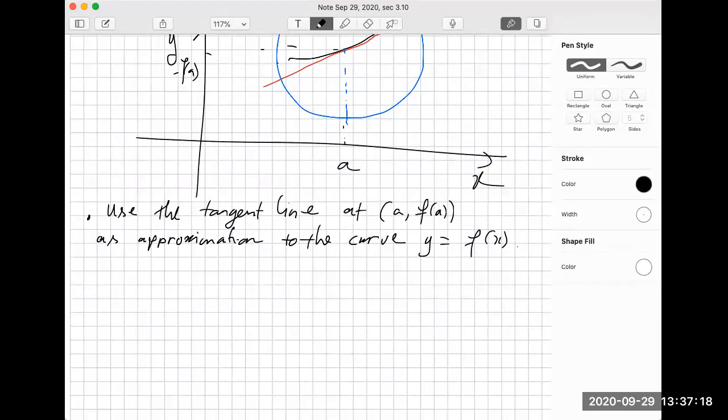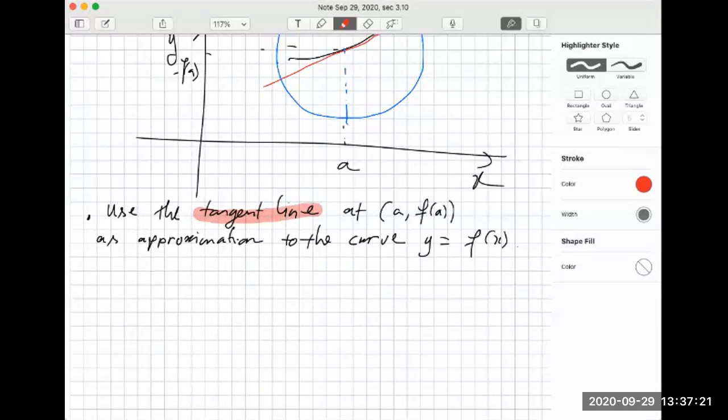Because we use a tangent line to approximate this curve.